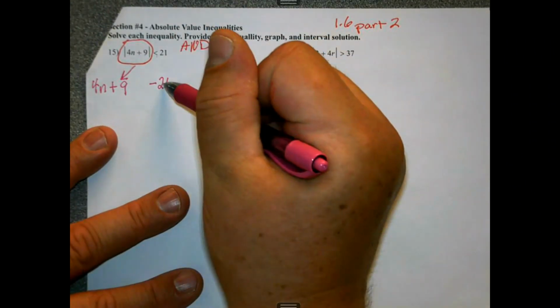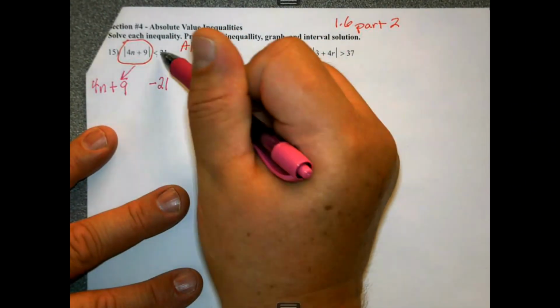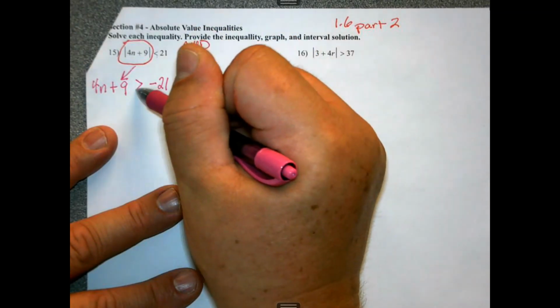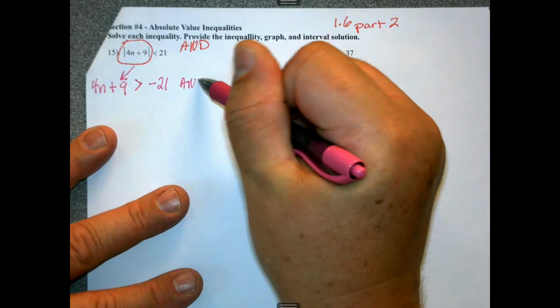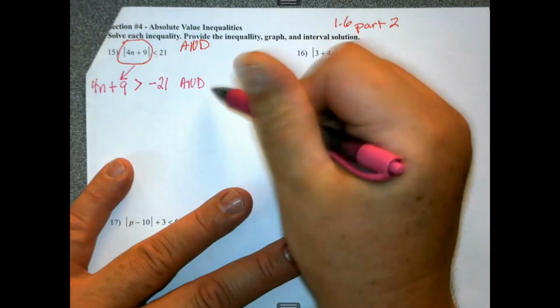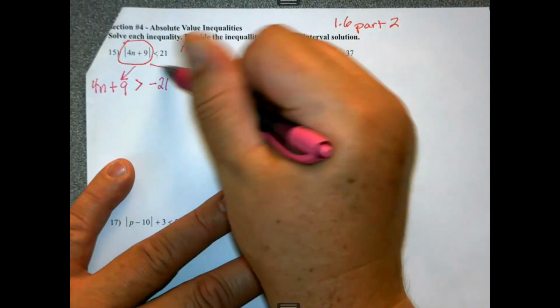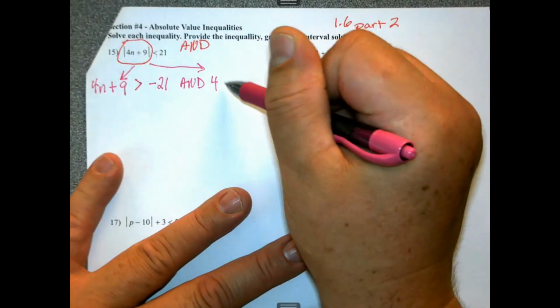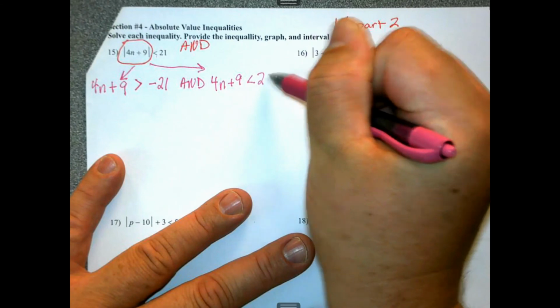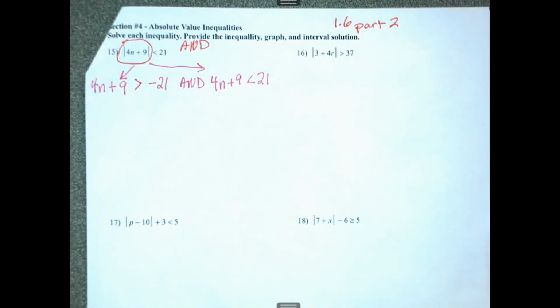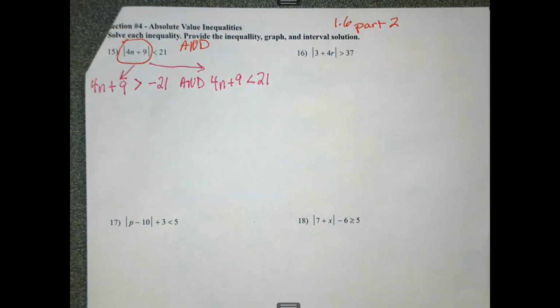Okay, so I'm going to use -21, which means I'm going to have to flip the sign. And 4n plus 9 is less than +21. Okay, I have two problems to solve.